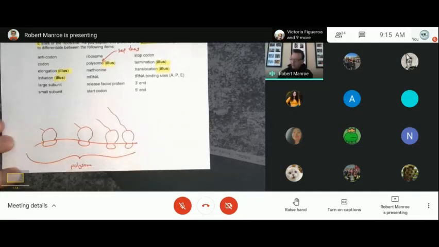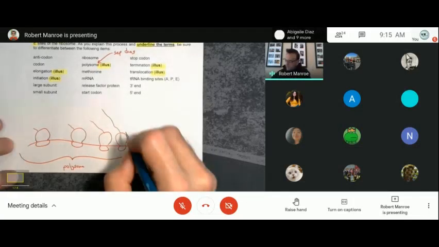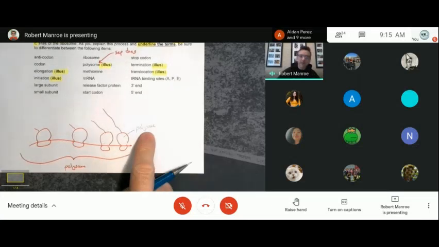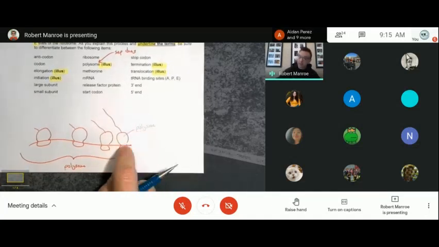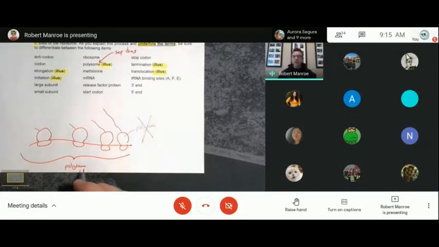Students will miss points because they will come in here and they'll go like this and they'll go polysome. I have to mark that wrong. That's not a polysome, that's a ribosome. Okay, so that is incorrect. When you do the polysome, it's the whole complex.